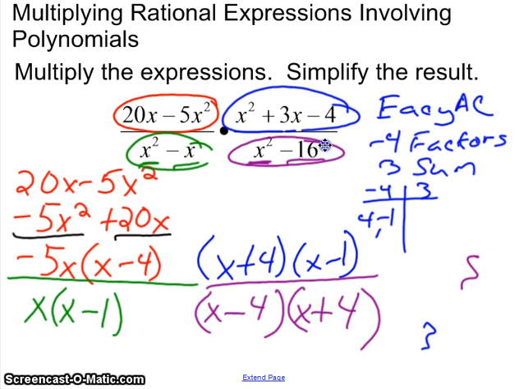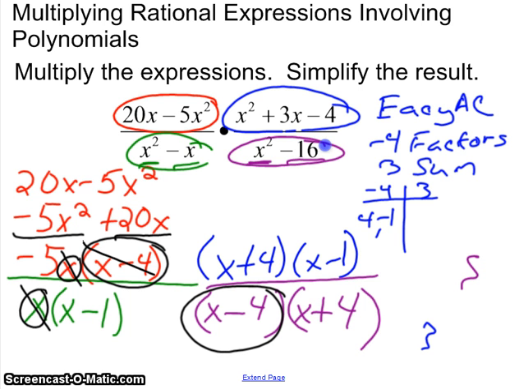After you have each of your polynomials factored, we're going to look for any common factor that's in the top and the bottom. We're going to cancel them out. So first I see an x on the top and x on the bottom. Those are monomial factors that can be canceled. X can go away. I've got an x minus 4 on the top and an x minus 4 on the bottom.